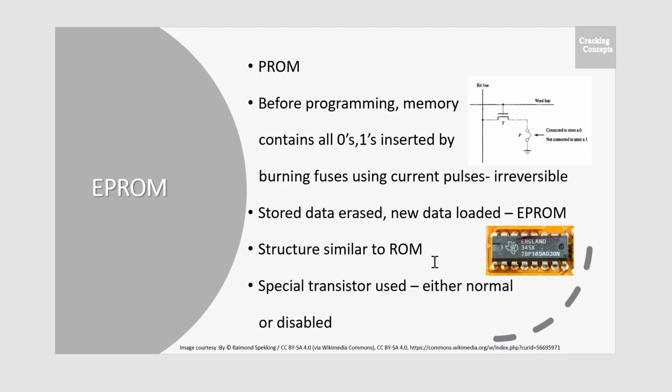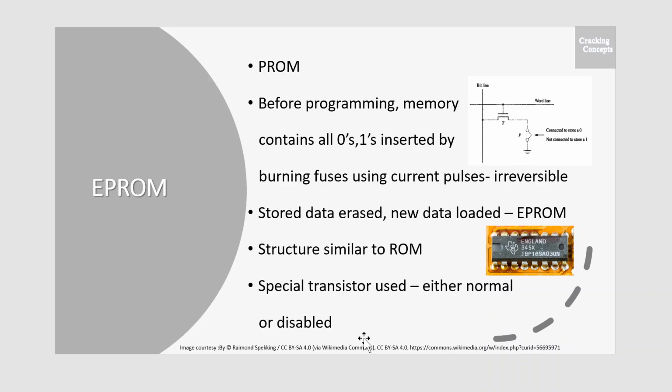However, connection to ground is always made at point P, and a special transistor is used which has the ability to function as either a normal transistor or as a disabled transistor, that is, always turned off.